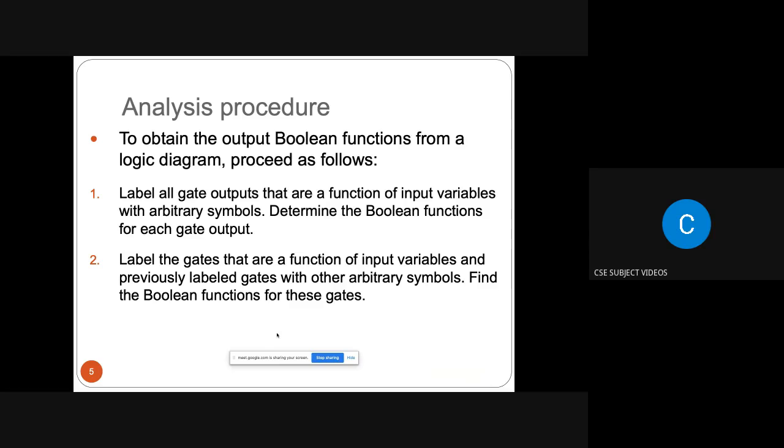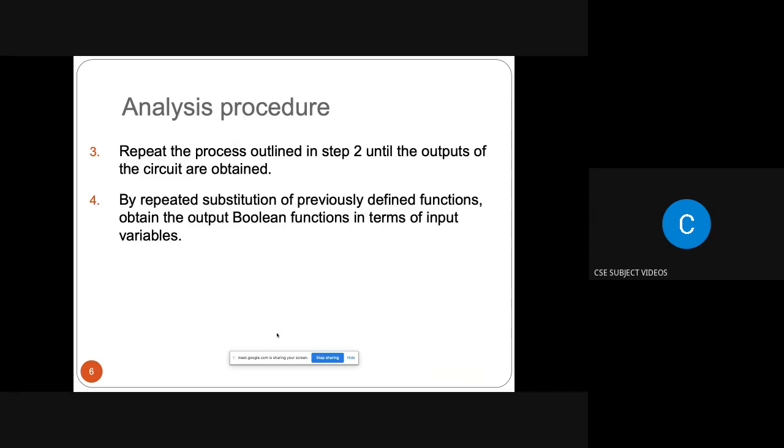Label the gates that are a function of input variables and previously labeled gates with other arbitrary symbols. Find the Boolean functions for these gates. Repeat the process outlined in step 2 until the outputs of the circuit are obtained. By repeated substitution of previously defined functions, obtain the output Boolean functions in terms of input variables.